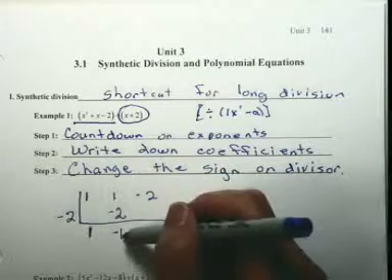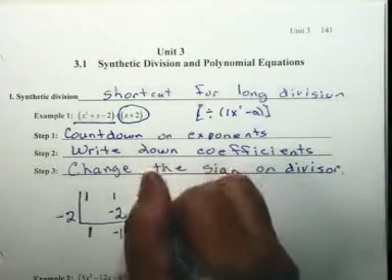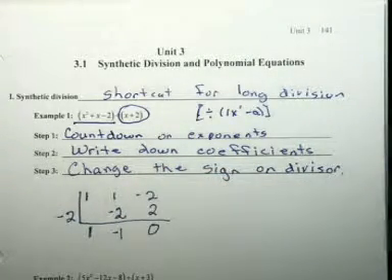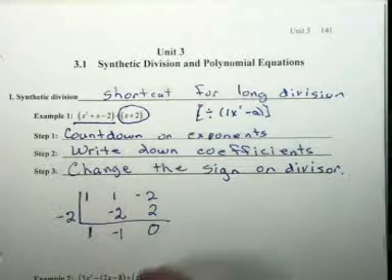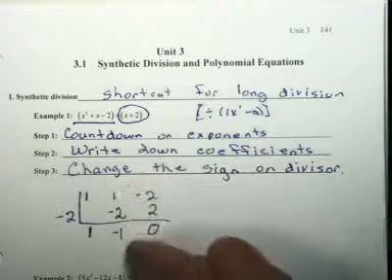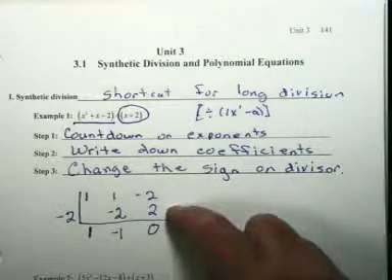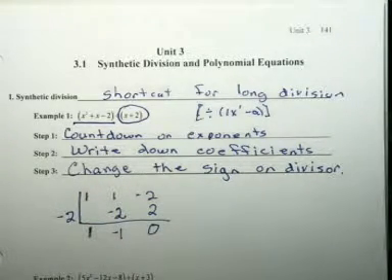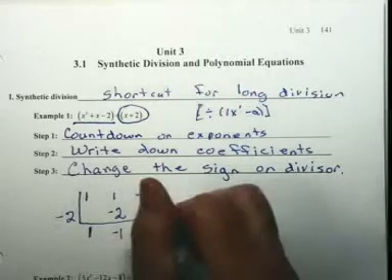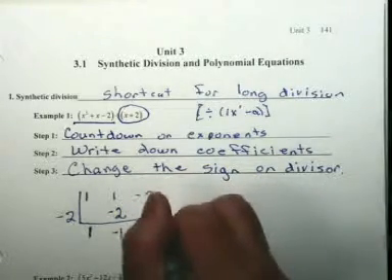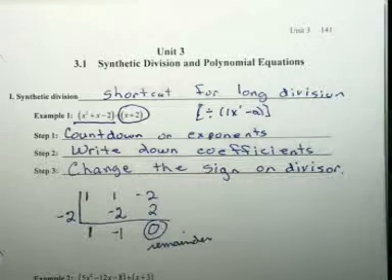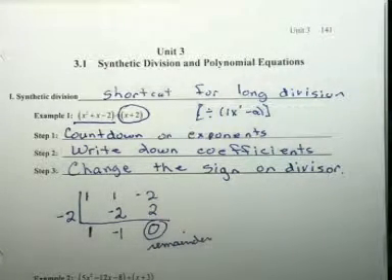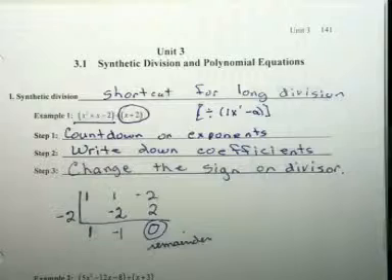Negative 2 times negative 1 is positive 2, and we add. Once we learn the setup, it's always bring the first number down, multiply, put it inside the box, add, multiply, put it inside the box, add. The last number on the end is always our remainder. When our remainder is 0, this says it divides in evenly.